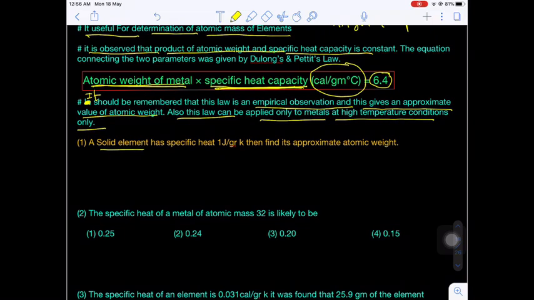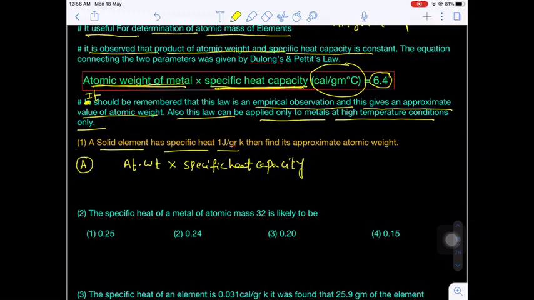Now we have the first question. A solid element has a specific heat of 1 joule per gram per Kelvin. Then find its approximate atomic weight. What is the formula of the Dulong and Petit method? Atomic weight multiplied by specific heat or heat capacity.